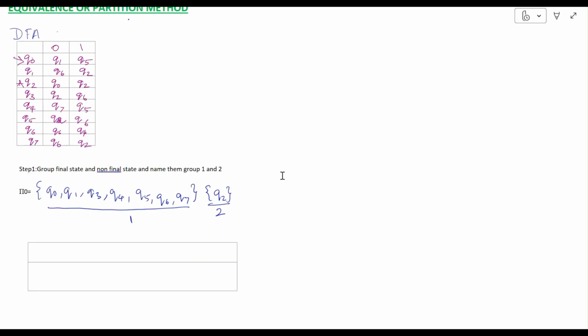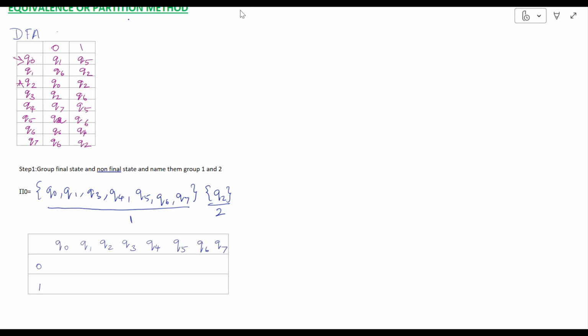Now make a table with all the states and the input symbol. Now we have to find the transition, like Q0 on receiving the input 0, to which group it moves, whether the transition is within the first group or the second group. For this we have to refer to the given DFA table.